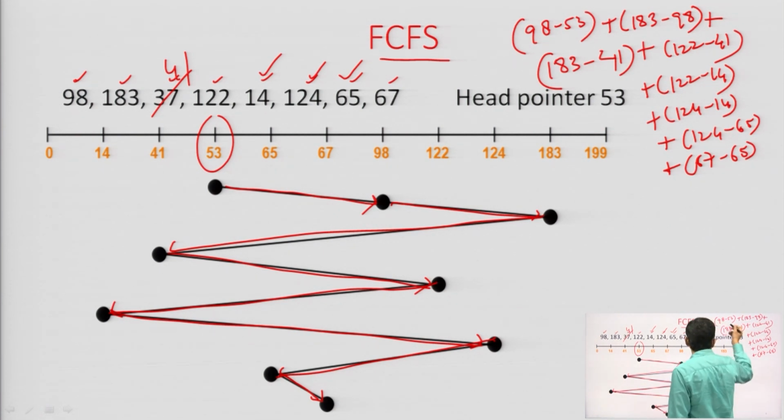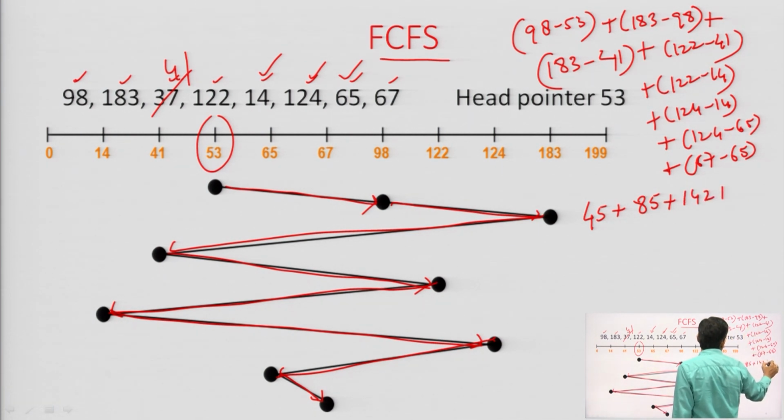So if I just take this figure, this will be 45 plus 85 plus 142 plus 81 plus 108 plus 110 plus, if you subtract this, you will find 59, and then this is 2.